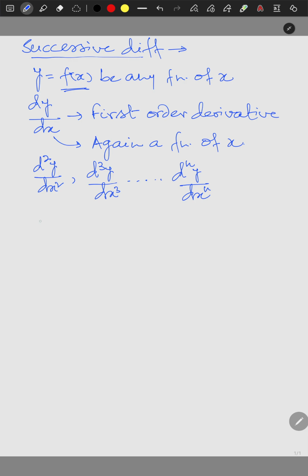For example, we are given, let's say, y = x to the power 5. If you differentiate it with respect to x, this is coming out 5x to the power 4.